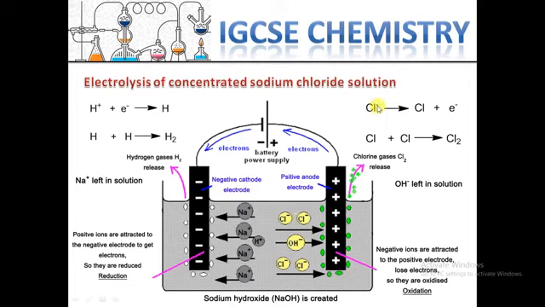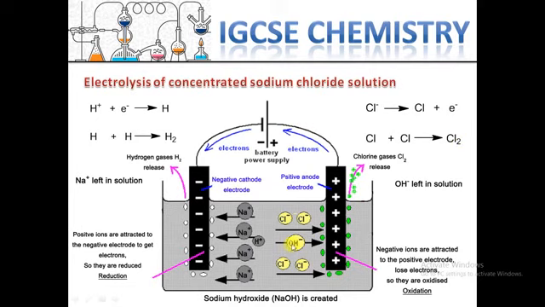The chlorine ion gives an electron and changes to a chlorine atom. Two chlorine atoms, which are neutral, can react with each other and produce chlorine gas.